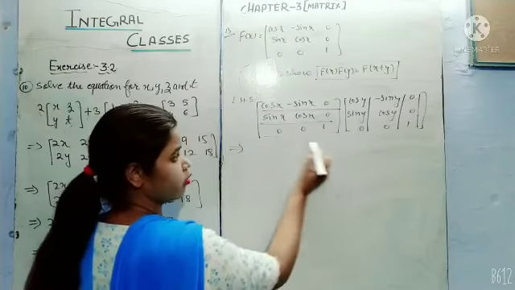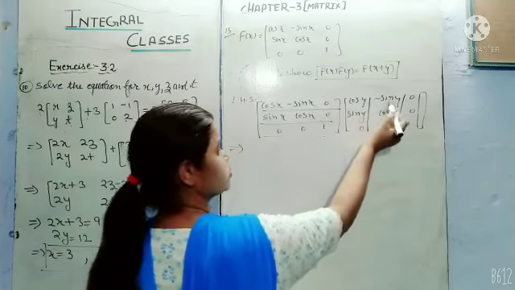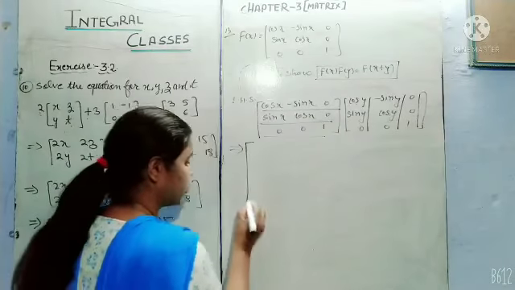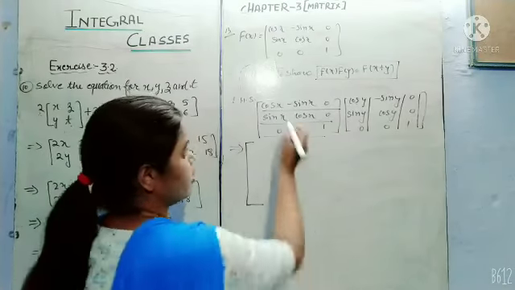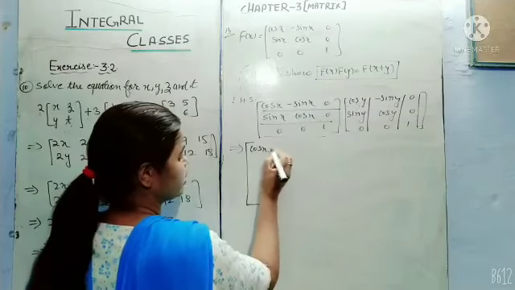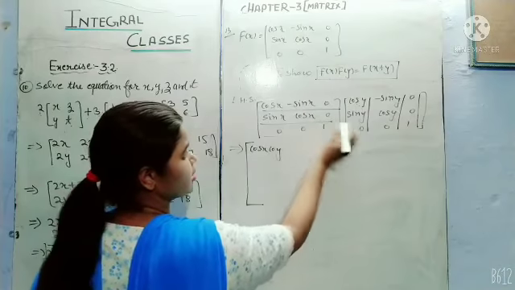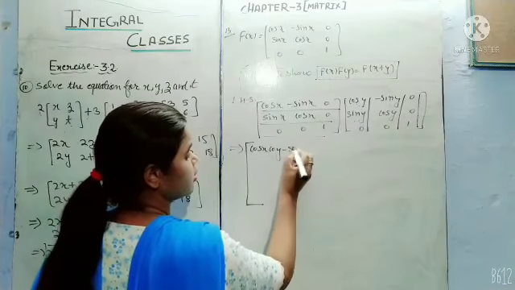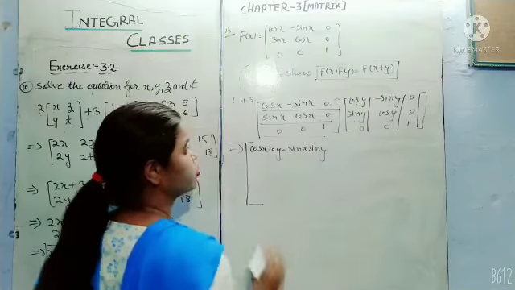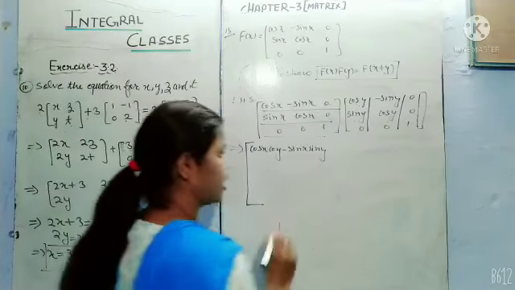Finally the third row is multiplied by the first column, second column, and third column. Let me explain. Cos x into cos y, cos x cos y minus sin x sin y, and 0 into 0 is 0. It is the first element.